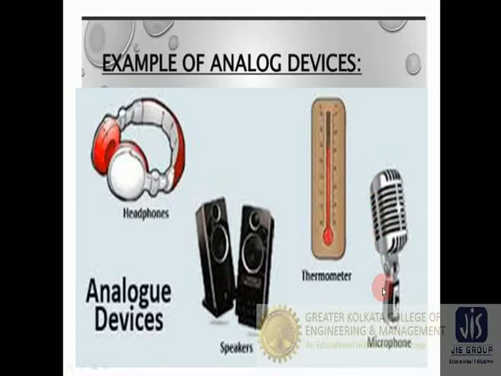This is the function of the microphone, and the output of the microphone is also an analog electrical signal. There are many other analog devices, but these are a few.